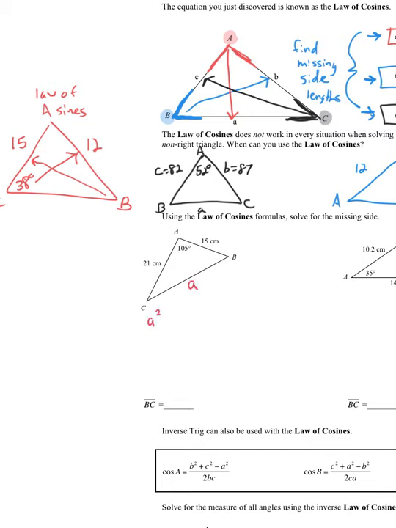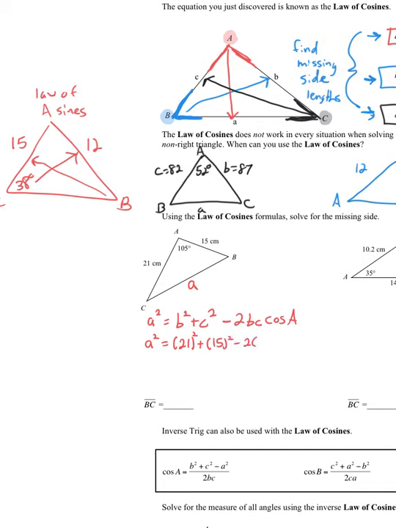And the variables really don't matter because what's going to happen with the law of cosines is we have the other two sides squared and summed together, and then minus 2 times the lengths of the other two sides times cosine of angle A. So the sides are 21 and 15.